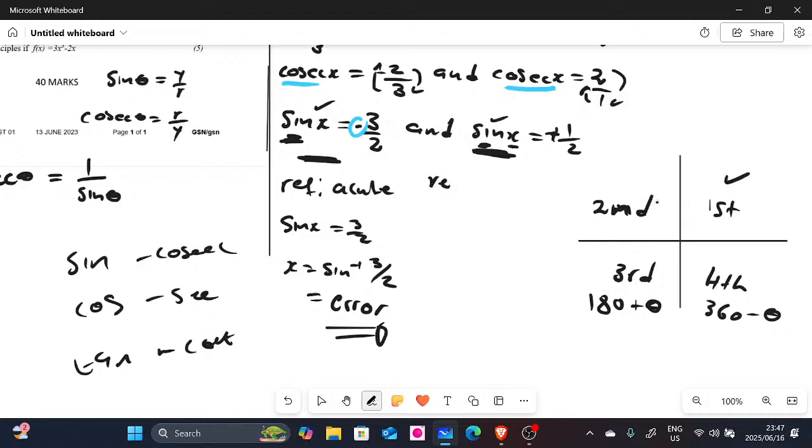The reference angle for this one, guys, is gonna be an acute angle, by the way, and it's positive, so there's no need for us to change it. So we're gonna write x is equal to arc sine half. This is our reference angle, but at the same time, it is our angle that belongs to the first quadrant.